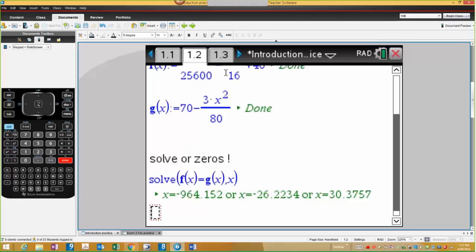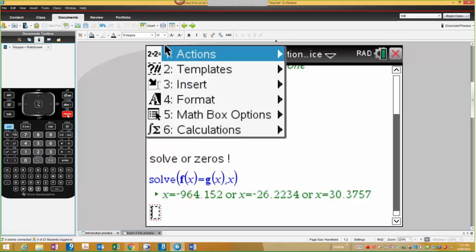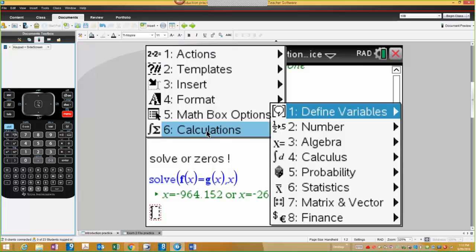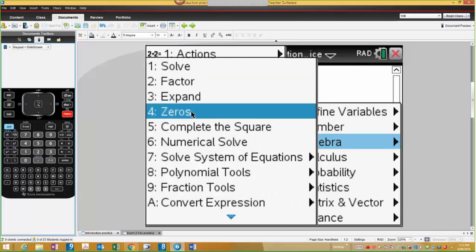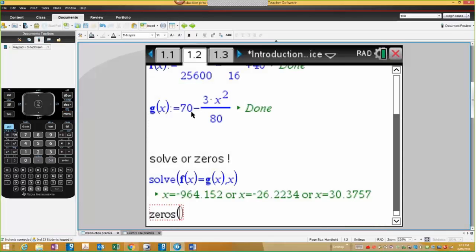The difference between that and zeros: if I go and find zeros, again menu, calculations, algebra, and zeros, which is option number 4. What we do is you need to set up an expression that you would make equal 0 to actually solve it.